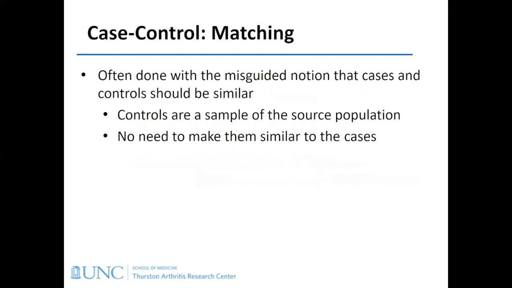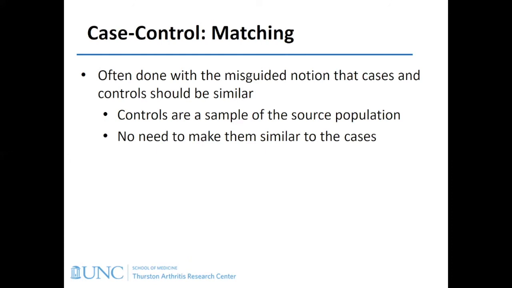The other thing to be careful of when doing case control studies is matching. There's this idea that when we're doing case control, we should try to get our cases and controls to be as similar as possible. So you may see papers where they match on age and BMI and sex and many different things.